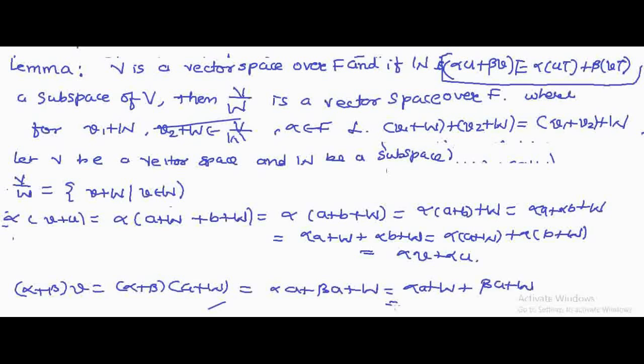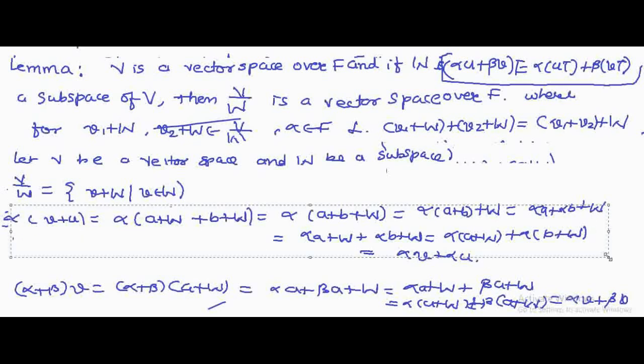This is same as alpha times (a + W) plus beta times (a + W), but this is equal to alpha v + beta v. Second property of the vector space is satisfied. Now it remains to prove third and fourth property of a vector space.